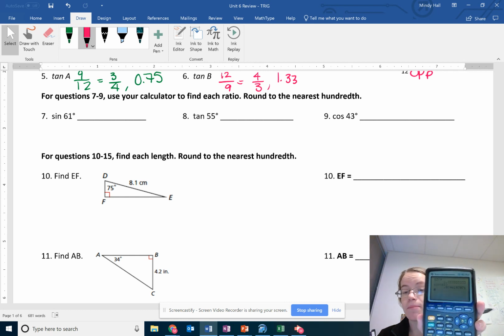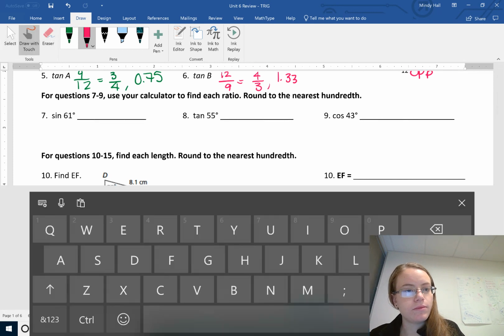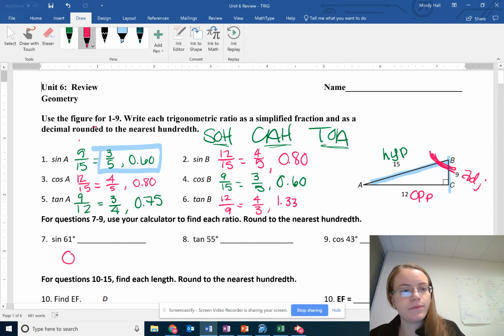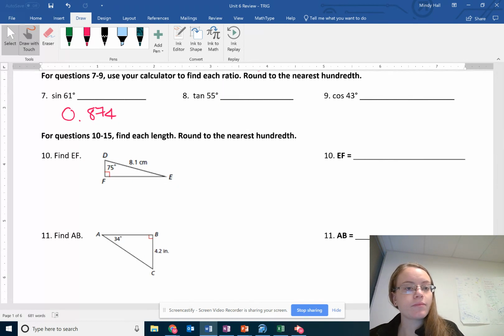I don't know if you can see this or not because I don't have my preview. Because it's 0.874, this 4 tells me to just keep my 7, so it's 0.87.